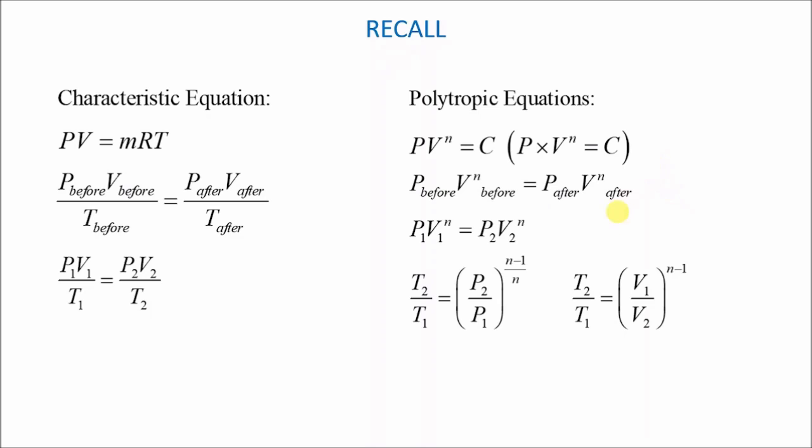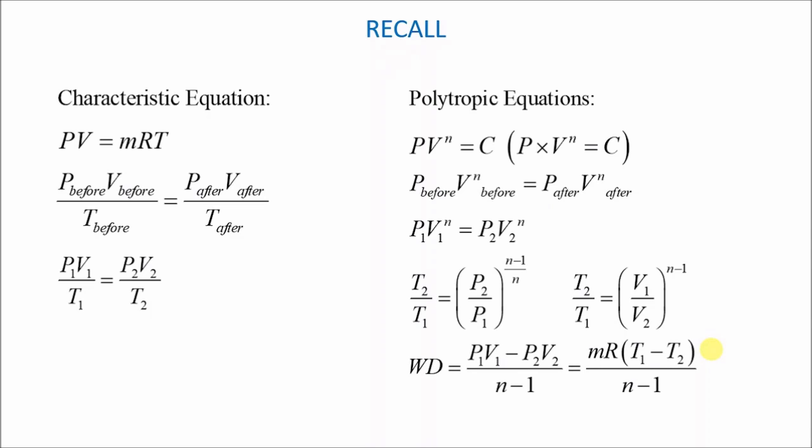So the 3 polytropic equations that we have on the screen are this one that relates the pressures to the volumes, and then the other polytropic equations here that relate the temperatures to the pressures, and the other one relates the temperatures to the volumes. So these are the polytropic equations. And when you are told that a process is polytropic, it's important that I also remind you of the equation of the work done for a polytropic process.